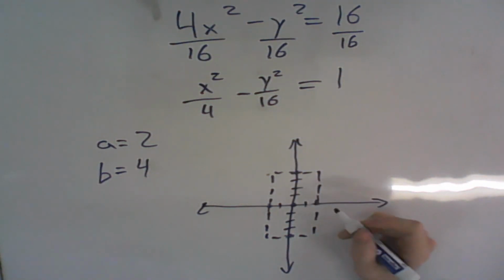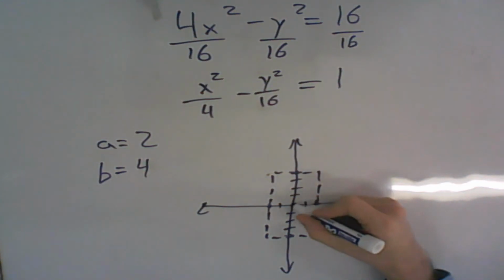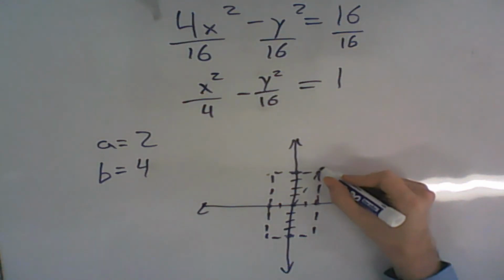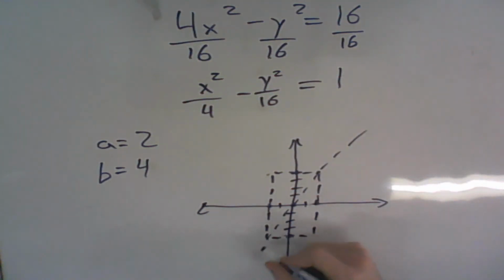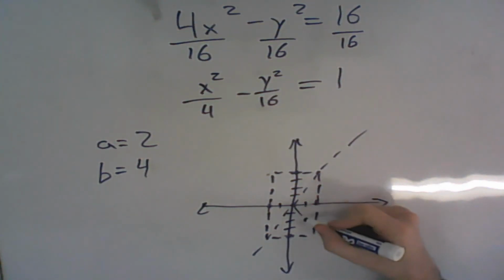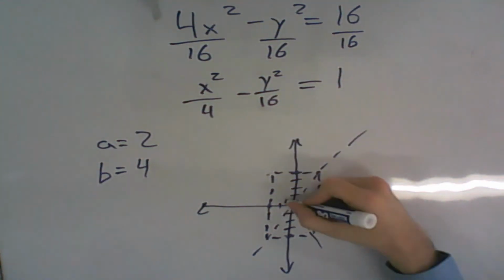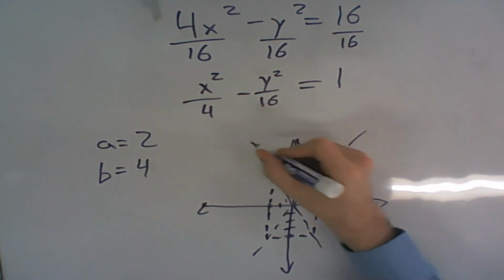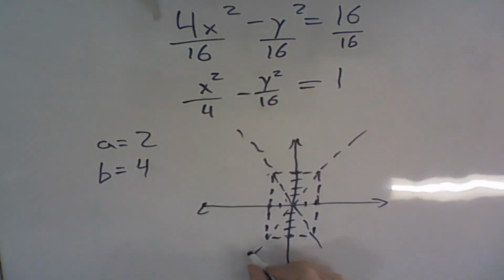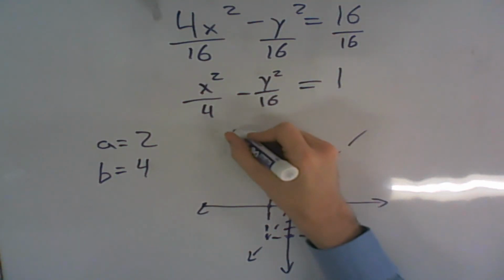And our asymptotes are going to go from the center to these corners. So an asymptote goes this way, goes down this way. Our other asymptote goes through this center and through this corner. Okay, it keeps going. These keep going.